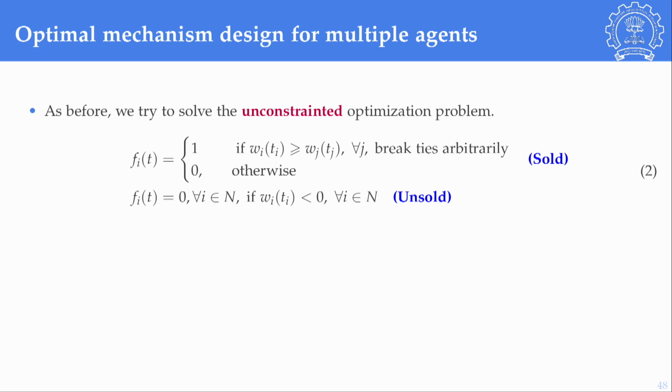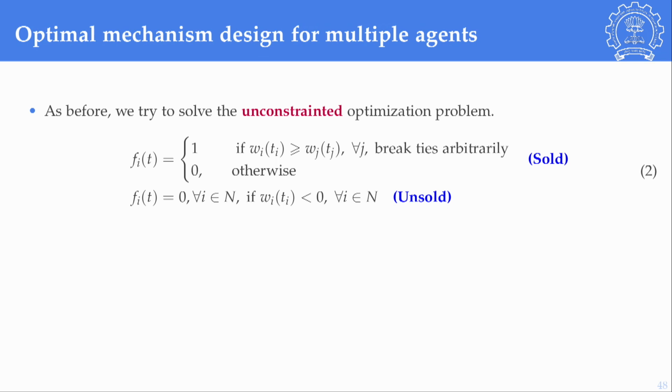Otherwise that agent is not allocated, and of course, we do not want to gain any negative revenue. So, if it turns out that for all agents the virtual valuations are negative, then I will not sell the item, right. This sounds plausible, until we come back to this virtual valuation.